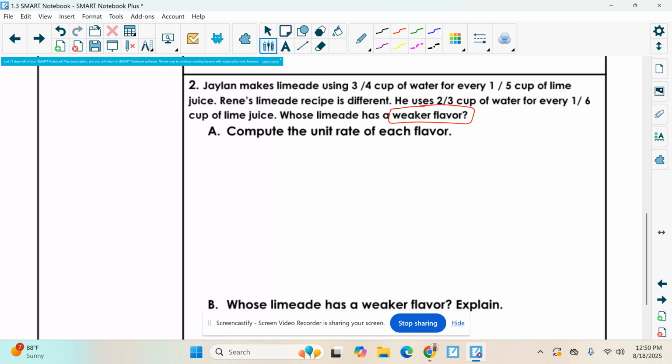Like when you have a baby and they're old enough to drink apple juice, you don't give them straight apple juice because you're just feeding them sugar. You give them a little bit of apple juice with a lot of water to water it down so it's not as strong. So the weaker flavor is going to have more water than the other. Does that make sense?